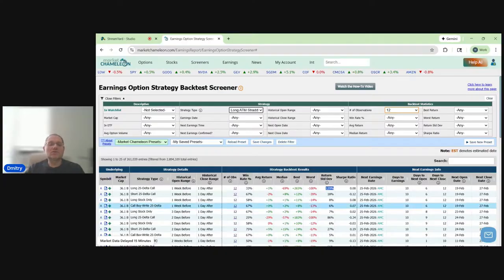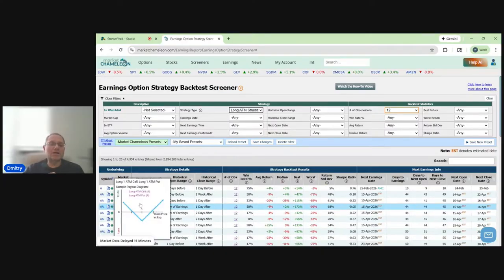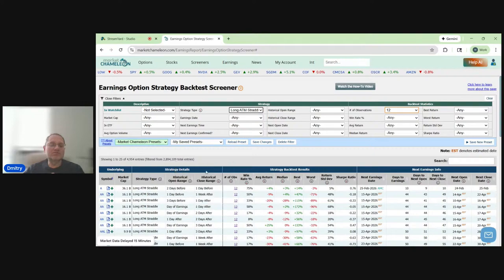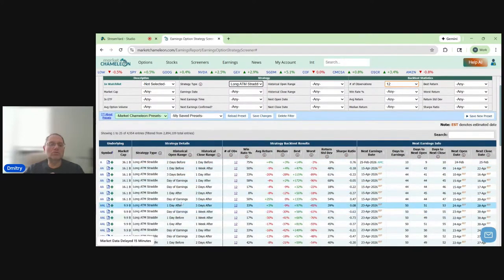And now what this will do is look at the money straddles for all these historical time periods with all these stocks. You could see we had over 2.8 million different backtest results here. Now let's say we wanted to narrow this down because we have all these different ranges that we could pick from.